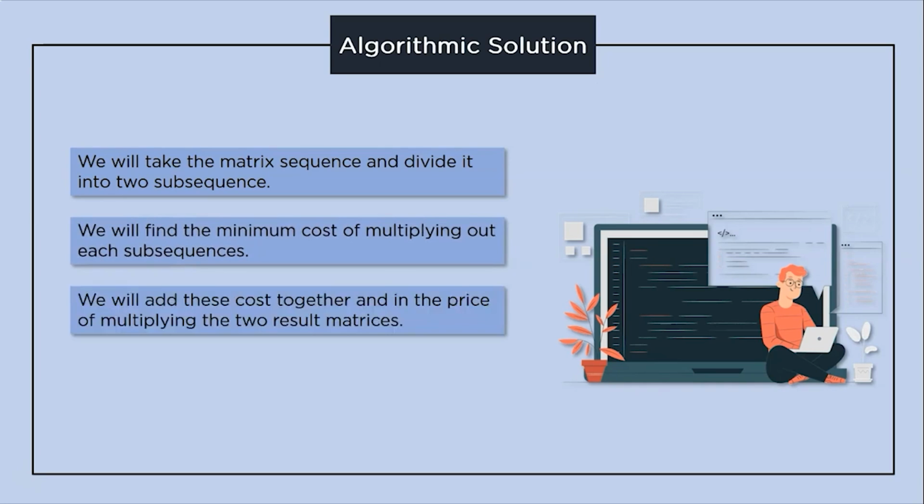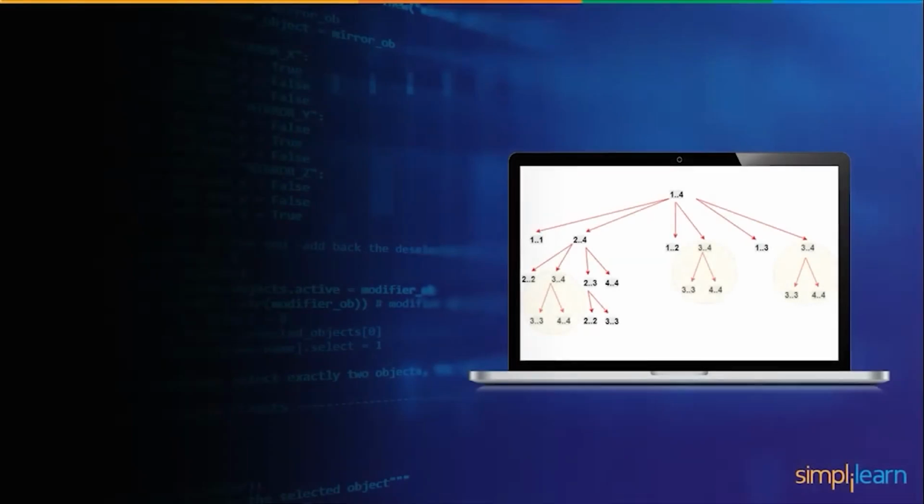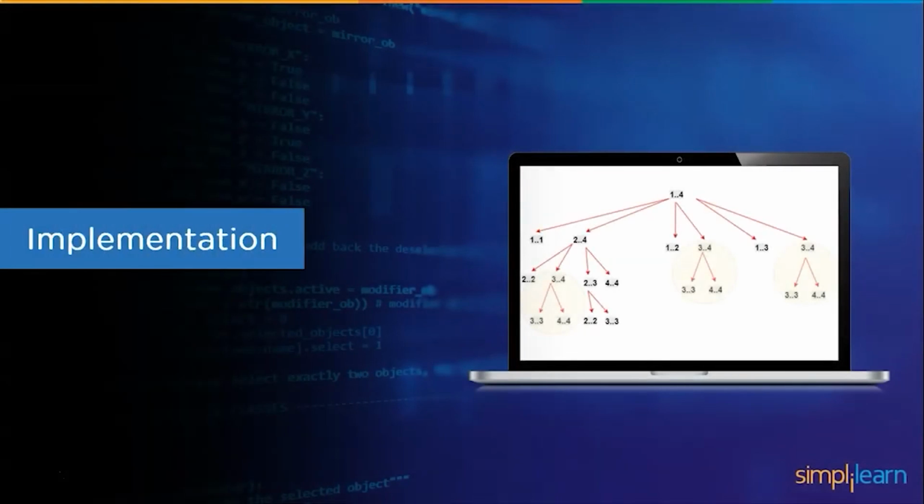Then we will add these costs together and the price of multiplying the two result matrices. Finally, we will repeat these steps for every possible sequence of matrices that can be split and take a minimum over all of them. We have now discussed the problem statement and the algorithmic solution to matrix chain multiplication.